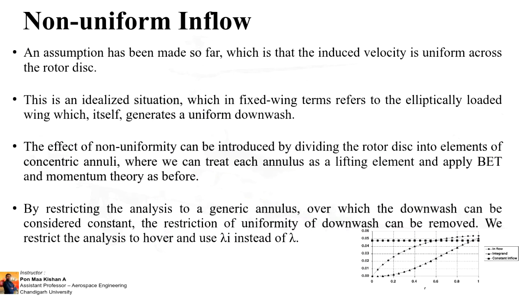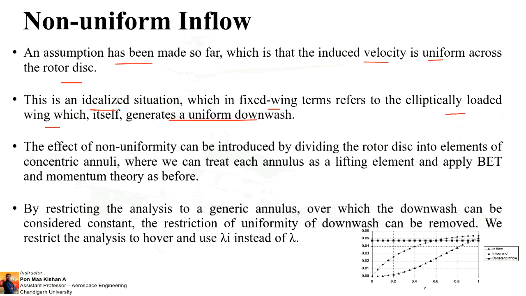So far, the assumption made is that induced velocity is uniform across the rotor disk. In the ideal situation, especially in fixed wing aircraft, we have studied about the elliptically loaded wing and Oswald efficiency. An elliptically loaded wing in a fixed wing aircraft generates a uniform downwash.